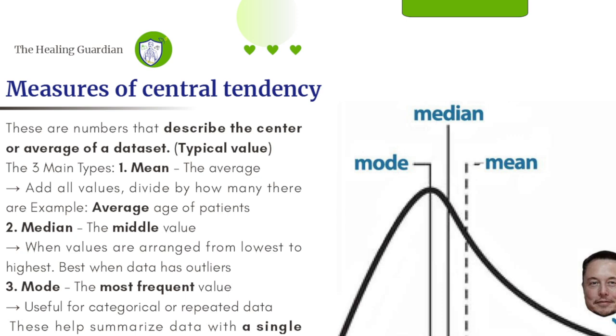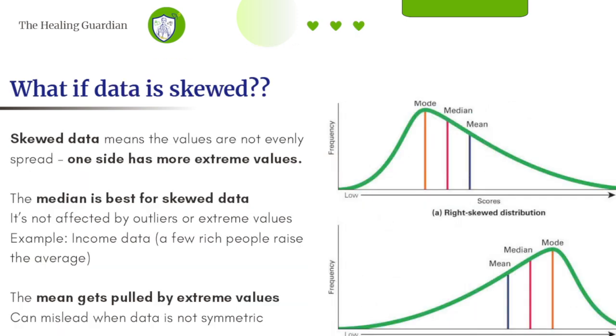But in that case, the median will be the best because since most people are earning little, their middle value will be the best for estimating the central income, or say, average income. So in that case, that is what we are talking about. If the data is skewed, median will be the best for measuring central tendency.